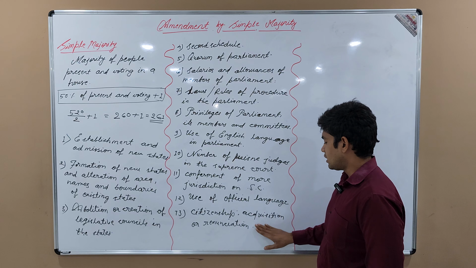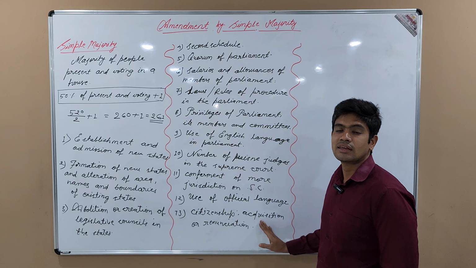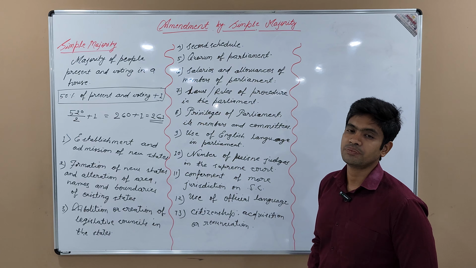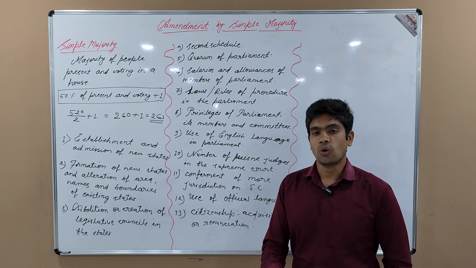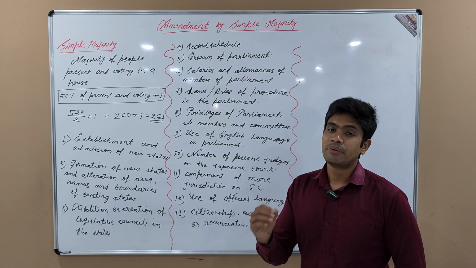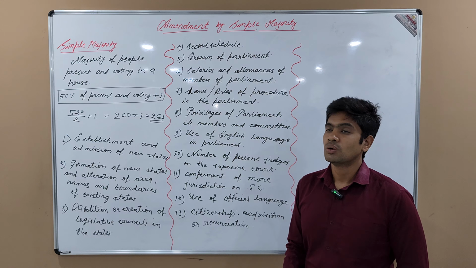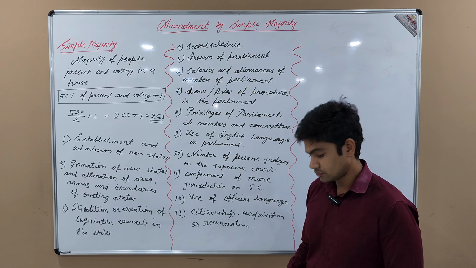So if parliament wants to make any changes regarding the acquisition of Indian citizenship or the renunciation of the Indian citizenship, that law or that bill which is seeking that law will be passed in each house of the parliament with the simple majority.